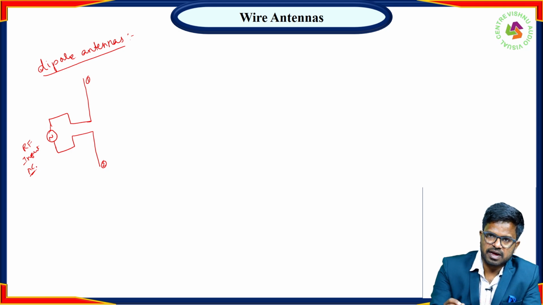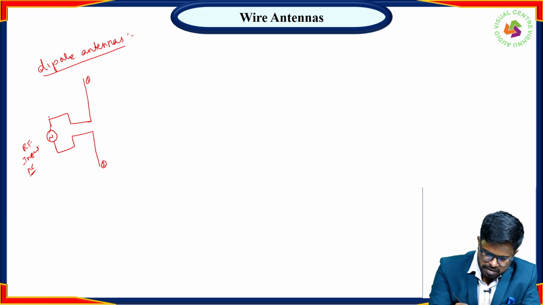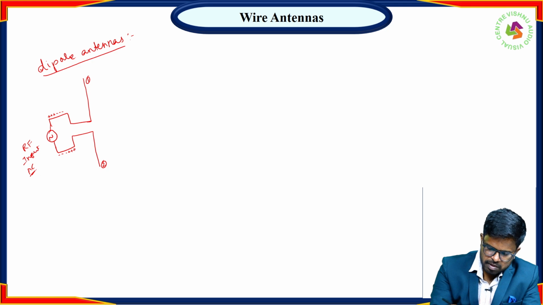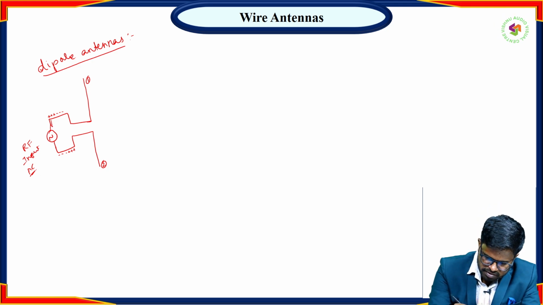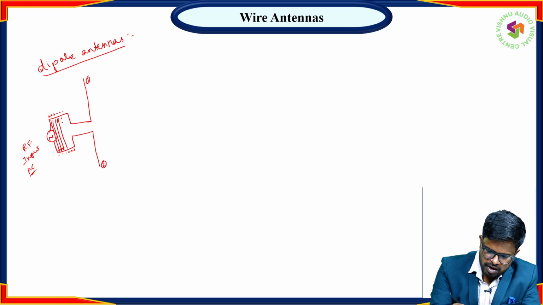When we give alternating current, it distributes positive and negative charges across the wire. See here how they are distributing. Then what happens? Electric field lines will be produced from positive to negative.